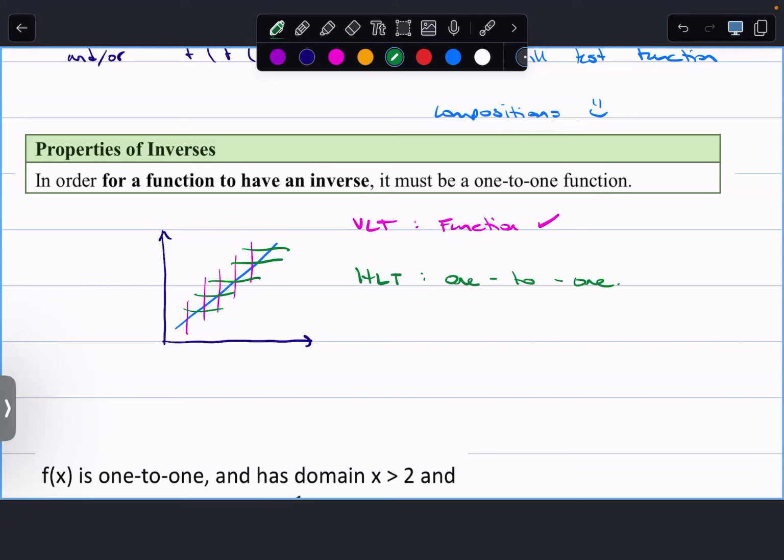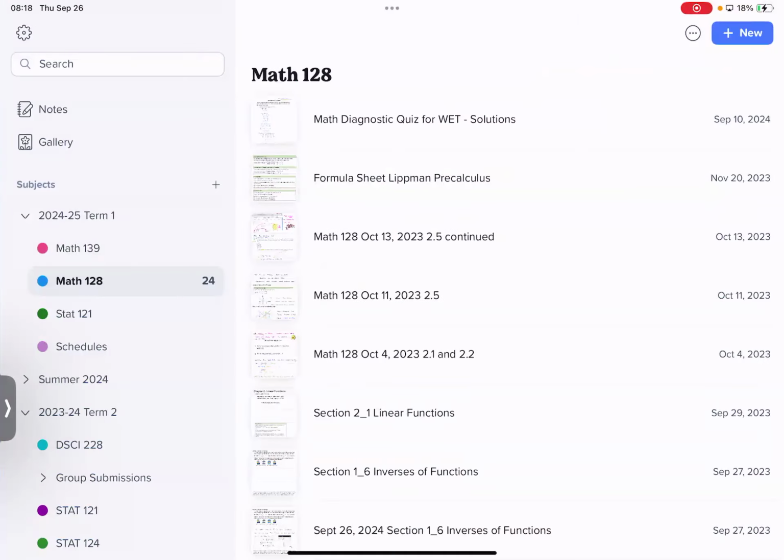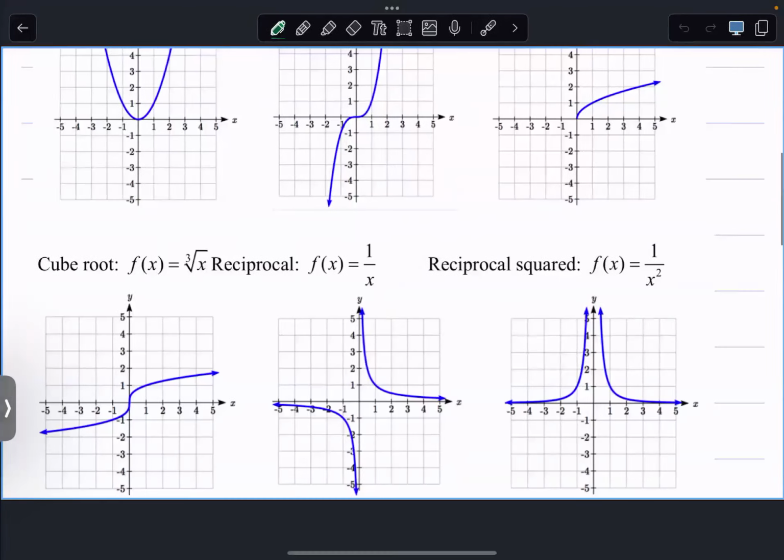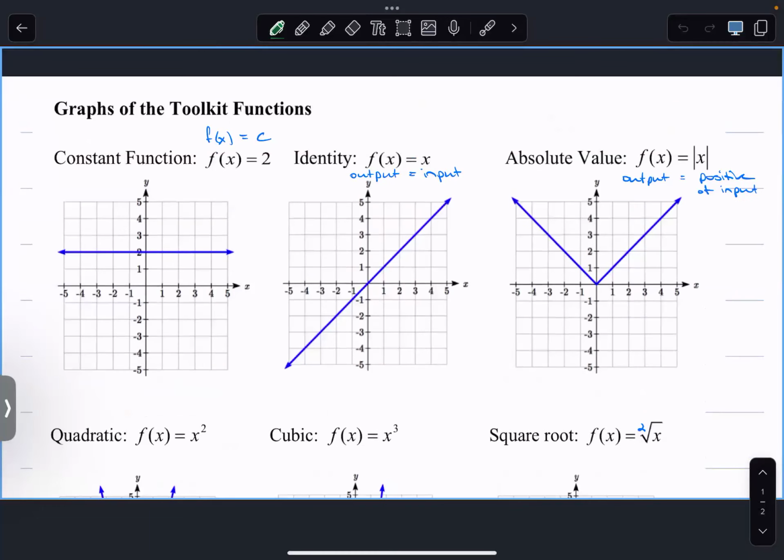Right? So if you have a graph, or if you know what the graph looks like, right, that's why it's so useful to have those toolkit functions kind of in your mind, what do they look like, right? And so if we just have a peek at, where are those little guys? They're all functions because they're toolkit functions.